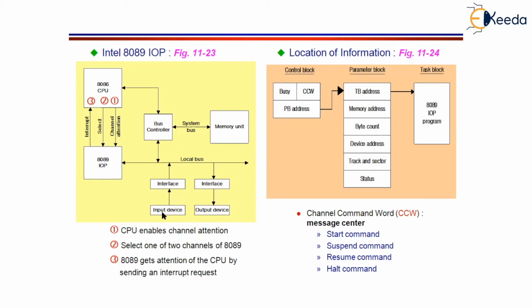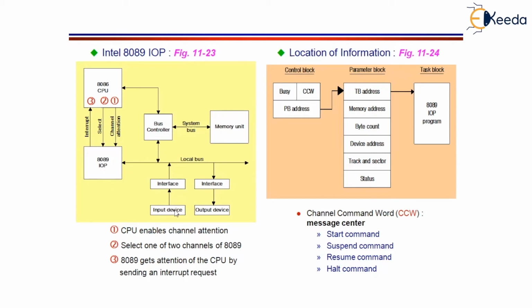But now, let us understand that all the devices will get initially connected to 8089. Here, we are not interrupting the CPU directly. The CPU will always be executing some or the other program without any interrupt directly by the IO devices. Rather, the IO devices are connected to 8089 via an interface.